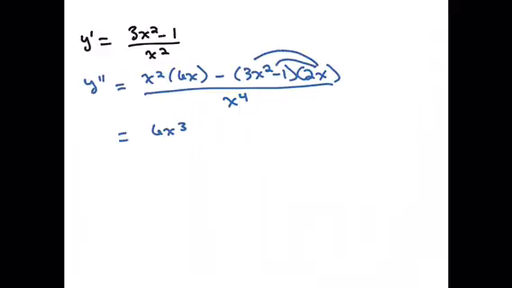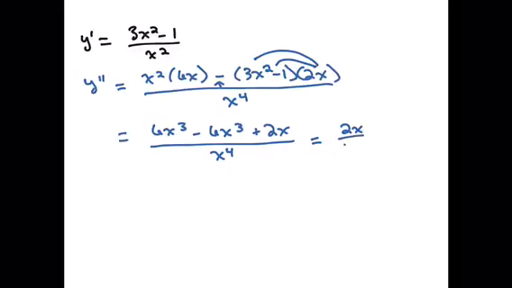If I distribute the 2x and the minus at the same time, I get minus 6x cubed, and minus a negative here is going to be plus 2x, all over x to the 4th. So I get 2x over x to the 4th, which will simplify to 2 over x cubed. Now, when I look at my first derivative, I see that there was a single term in the denominator, and I see that I did simplify my answer.